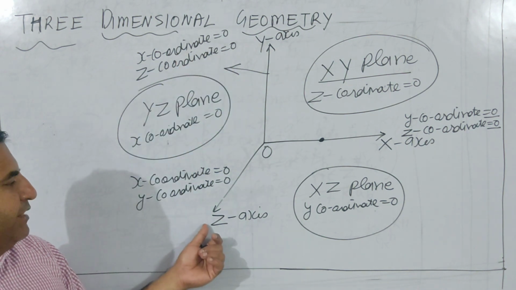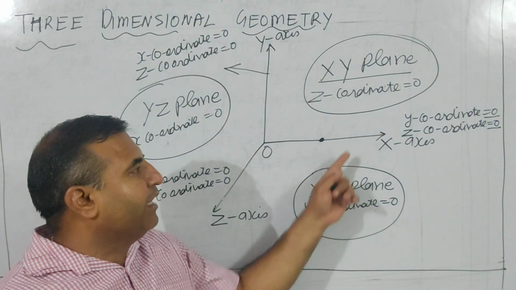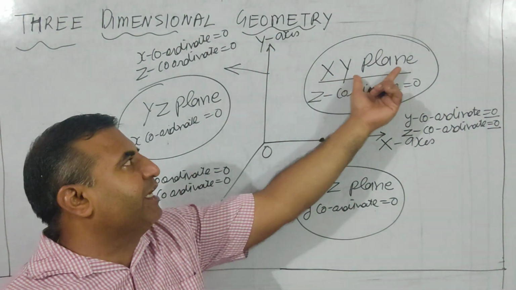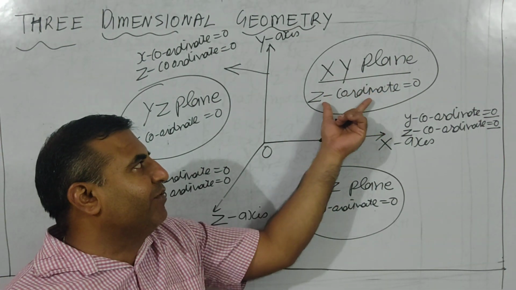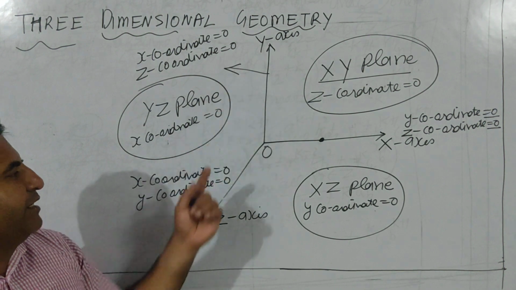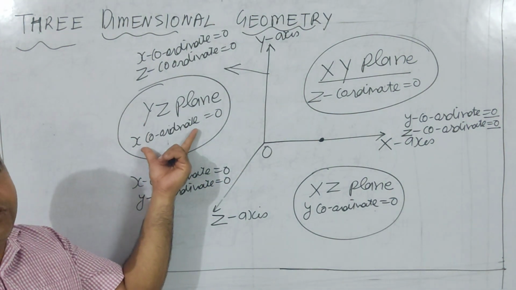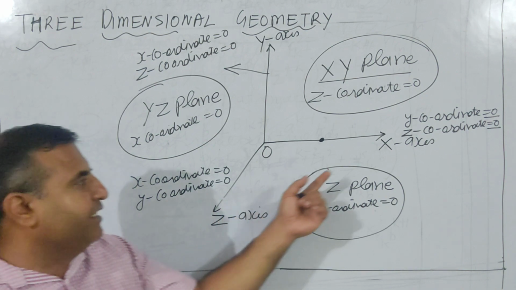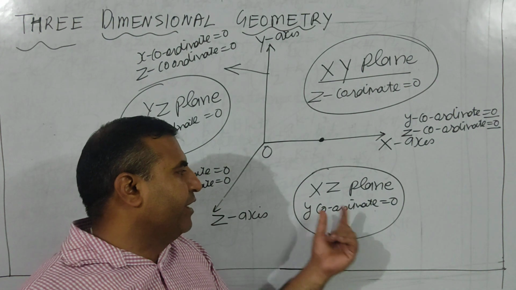On the z-axis, the x and y coordinates both are 0. The x-axis and y-axis make the xy plane, where the z coordinate is 0. The y-axis and z-axis make the yz plane, where the x coordinate is 0. The z-axis and x-axis make the xz plane, where the y coordinate is 0.